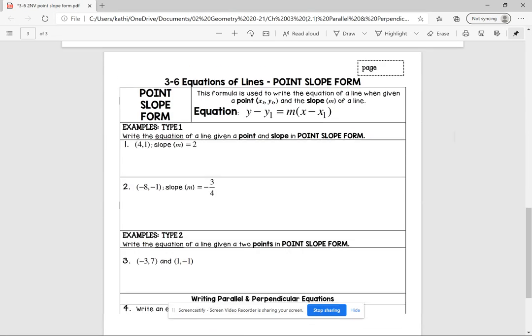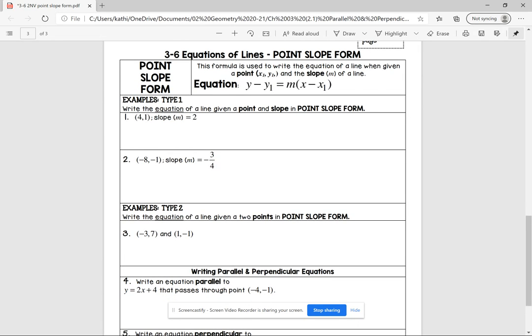All right, let's do a couple examples here. So point slope is used to write the equation of a line when I'm given the point and the slope of a line. So the equation is y minus y1 equals the slope m times the quantity x minus x1.